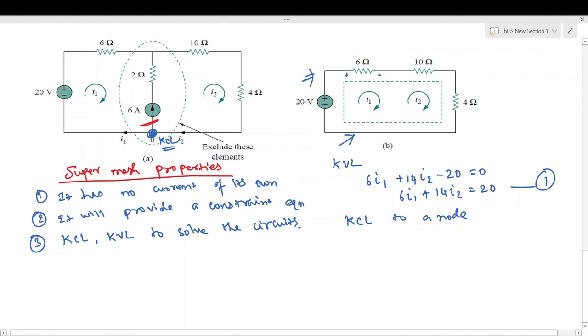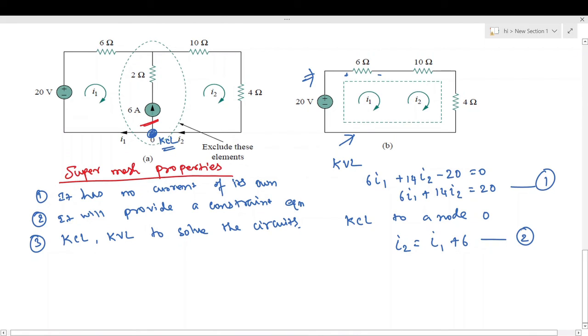When we apply the KCL to node 0, the incoming current is I2 and the outgoing current is I1 plus 6 amps, that is the current source. Say this is equation number 2.